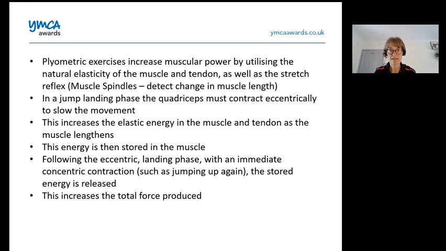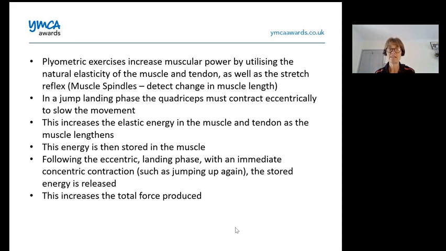So plyometric exercises increase muscular power by using the natural elasticity that we have in our muscles and tendons, as well as the stretch reflex. Now, in the nervous system video, we've looked at the proprioceptive organs, our muscle spindles, and our Golgi tendon organs, so you'll need to watch that in connection with this. Basically, within our muscles, we've got muscle spindles, and they detect changes in muscle length to prevent damage.